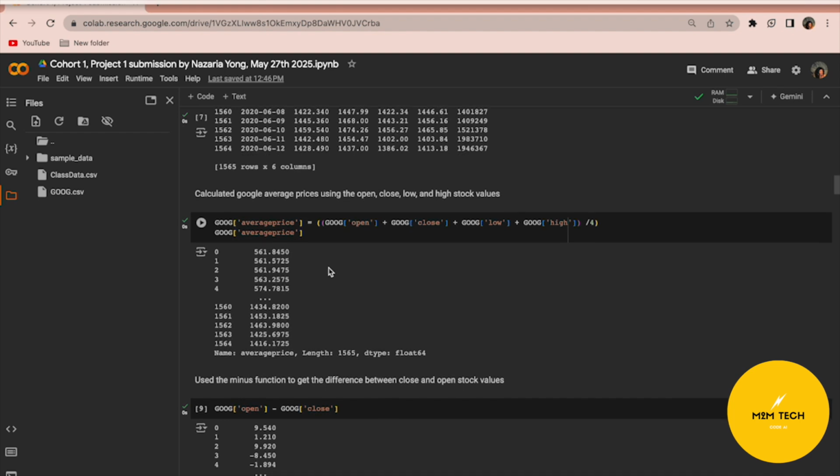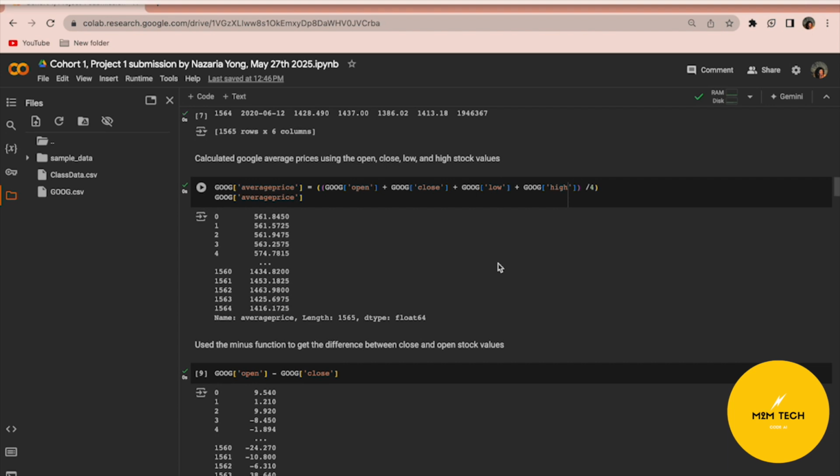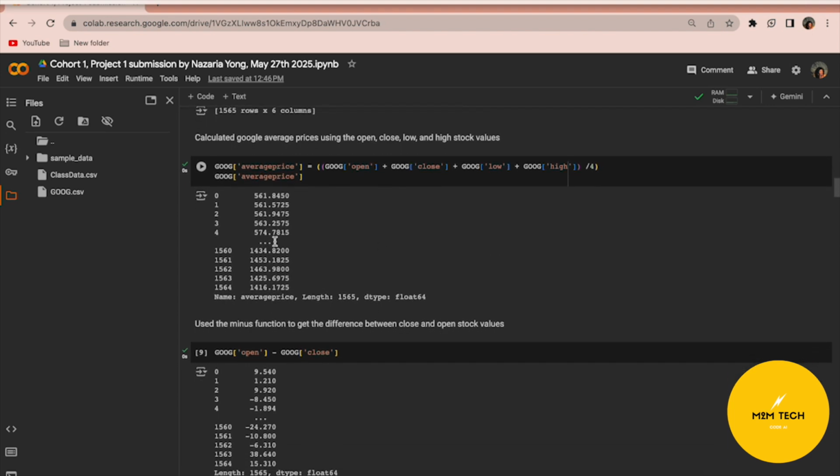In order to answer the questions that I asked above, I calculated the average price for Google using the open and close and low and high values. So I added all these up and divided by 4, and that provided me with these results.